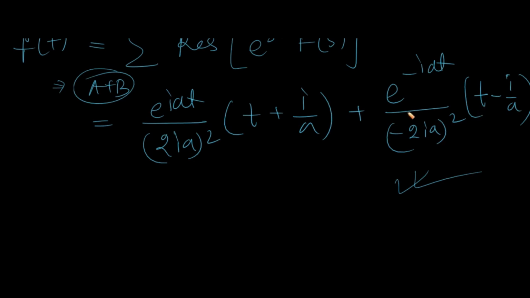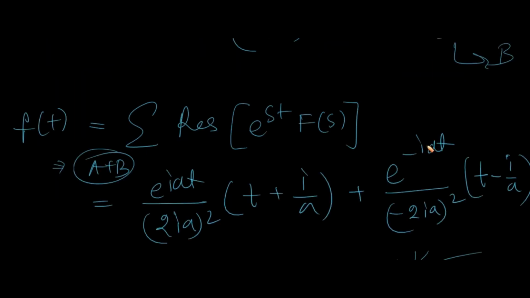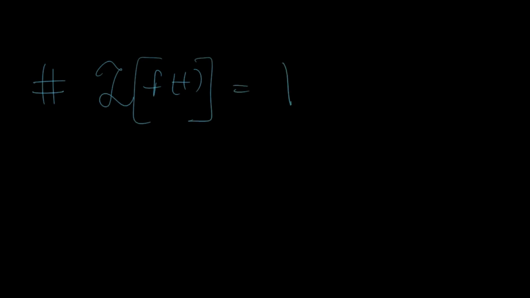And that's it. You can now further simplify these things, or if you don't want to, that's fine as well. But the idea is just to calculate the Bromwich integral that gives you the inverse Laplace transformation. So the summary is kind of like this. If you have f of t, you apply the Laplace operator, it takes you to the F of s, and this is the Laplace transformation.